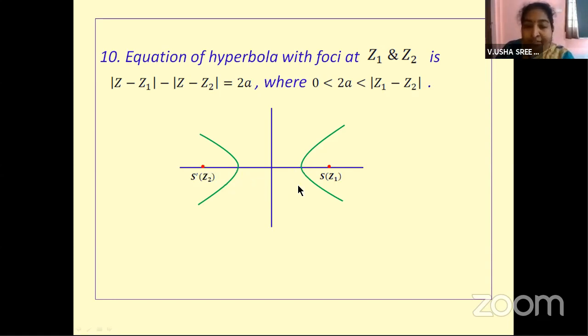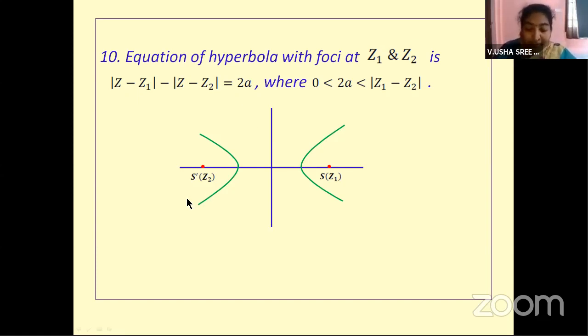And it is definitely not equal to 0. That's the reason why the length of the major axis, that is 2a, will be lying between the distance between S and S dash and 0. This is what the condition is telling you. And this condition says that in a hyperbola, SP minus S dash P is equal to 2a. That's the reason why we are taking modulus of Z minus Z1 minus modulus of Z minus Z2 is equal to 2a.